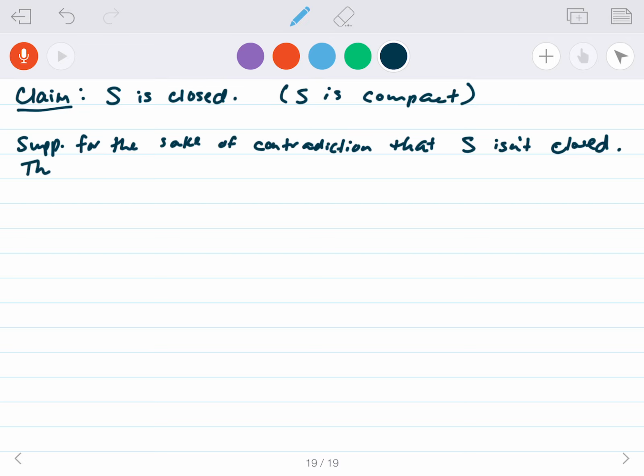So by Theorem 5.2, S doesn't contain all of its limit points, right? We had that theorem that said that S was closed if and only if it contains all of its limit points. So if it's not closed, it doesn't contain all of its limit points.